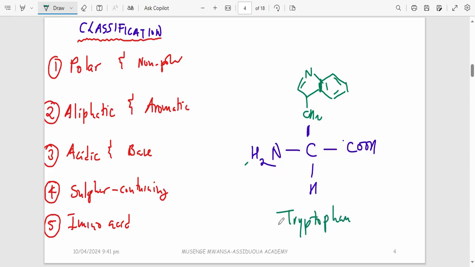When you start looking at genetics, it's one of those few amino acids which only have one codon. Commenting on the polarity, do you think tryptophan is polar or non-polar? What do you think?